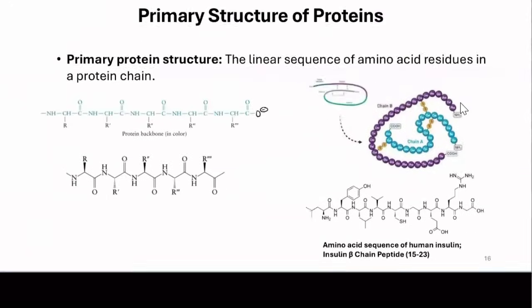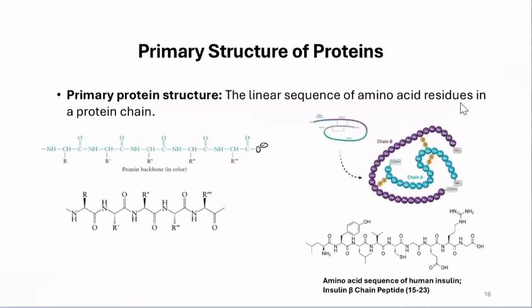Going back to the primary structure of a protein, we can observe as an example on the right side of the slide a small segment of the amino acid sequence that is present in the B chain of insulin.